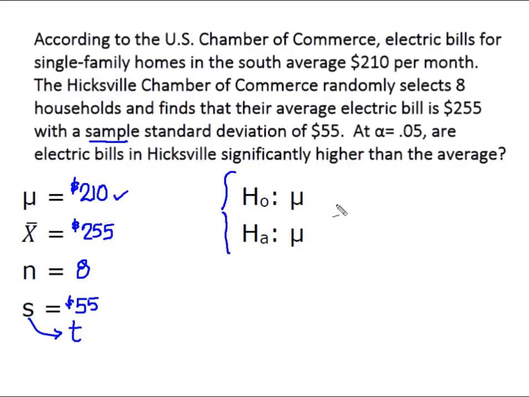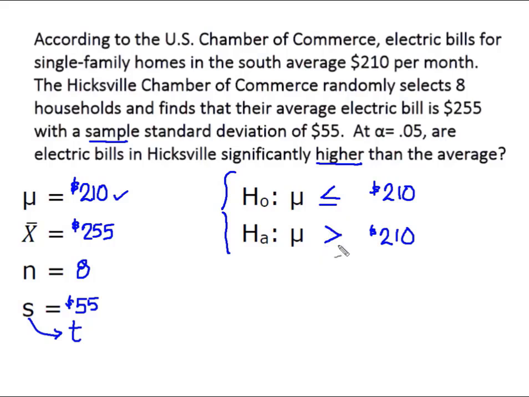So the established or assumed value of the mean is $210. Now we need to figure out what our sign is. So we look in the problem for an indicator of direction, and it says significantly higher than average, and so higher goes into alternative. And because H0 and HA are mathematical opposites, we know this is less than or equal to.